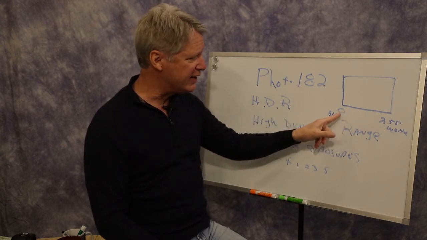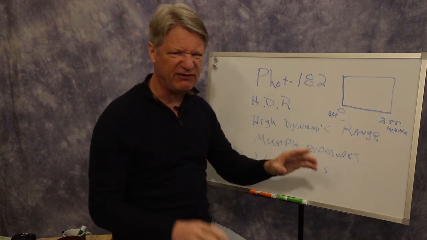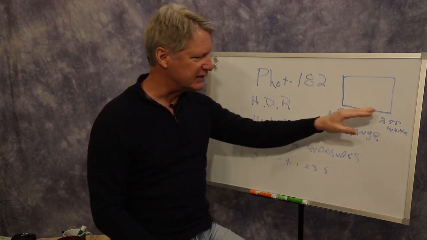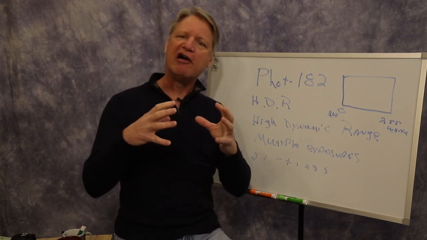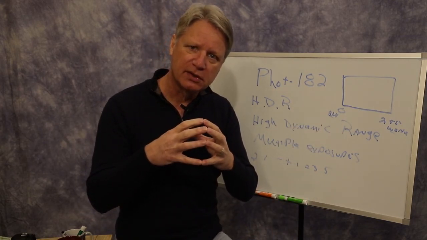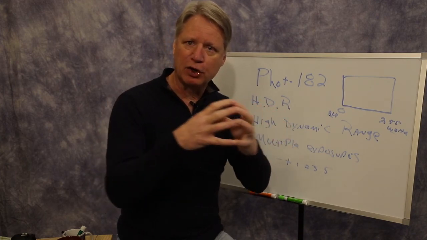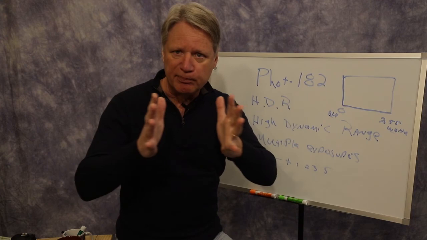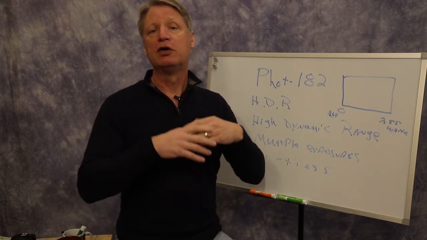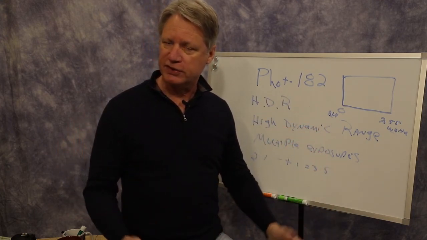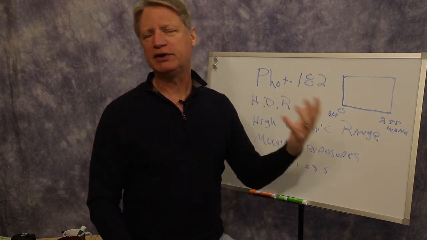Essentially, you're broadening this out, 0 to 255. Not really, but it looks like you are because you have more pixels that are properly exposed in those brighter or darker areas, and then we can put them together with software so we keep all of the good pixels, essentially. So that's what this does.